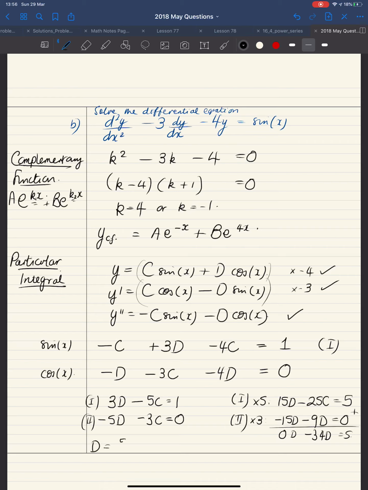So c is 5 over minus 34. And then substitute for d in 1. 3 times d, so it's 3 times 5 over minus 34, minus 5c is 1.